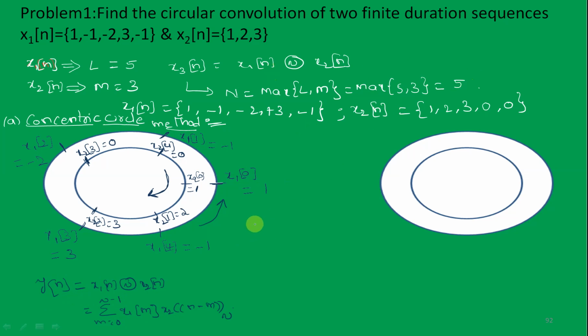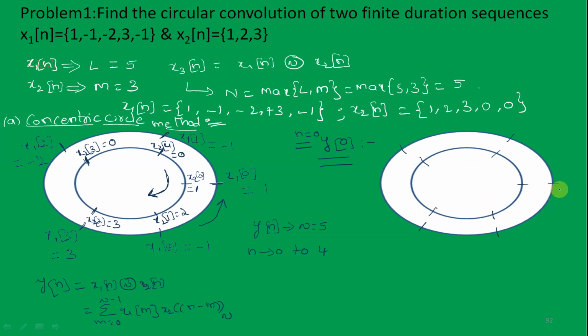Now y of n: we should find n from 0 to 4. Here N is equal to 5. Initially y of 0, that means n is equal to 0. Simply take 1, 2, 3, 4, 5 here, and also 1, 2, 3, 4, 5.